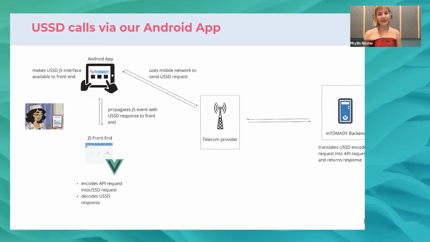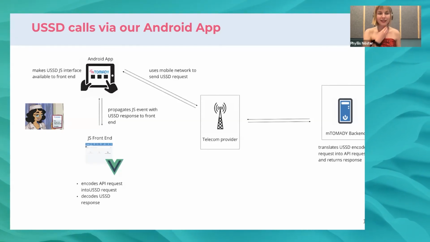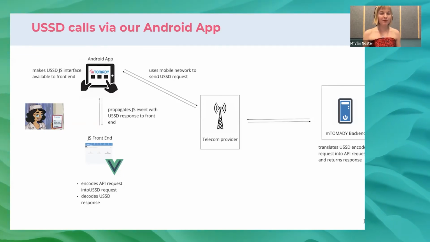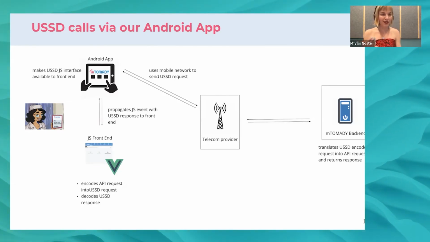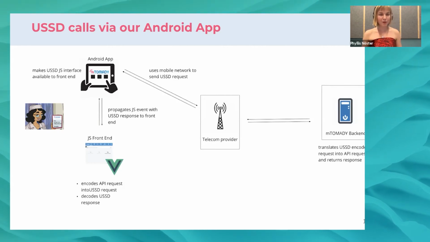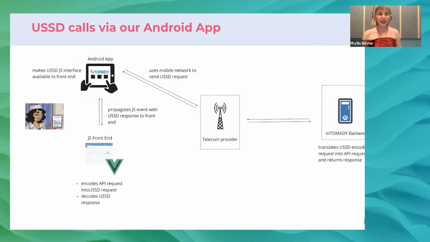One point that you could raise, just looking at this graph maybe, is that if we're sending sensitive patient data via USSD, potentially some person could take their phone and put in our shortcode, then put in whatever our request is, and we would just return sensitive patient information to anyone.